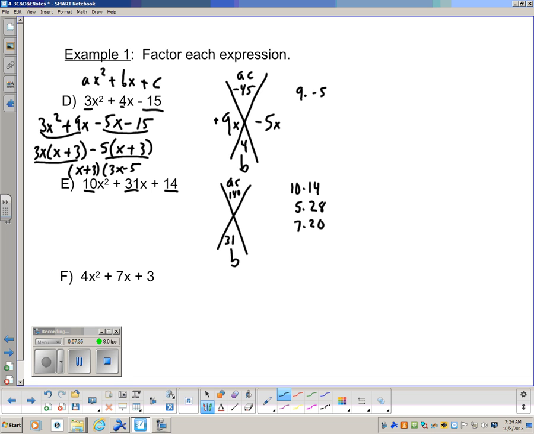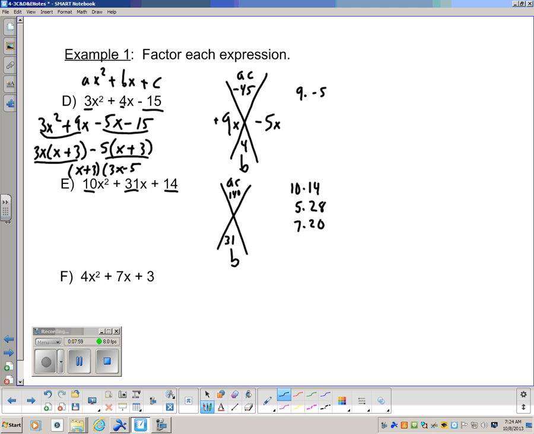Now I'm thinking maybe I can try something like 4 or 6. So I'm going to use my calculator here and divide it out. I'm going to take 140 and divide by 6. That doesn't come out nice. 140 divided by 4 comes out nice.